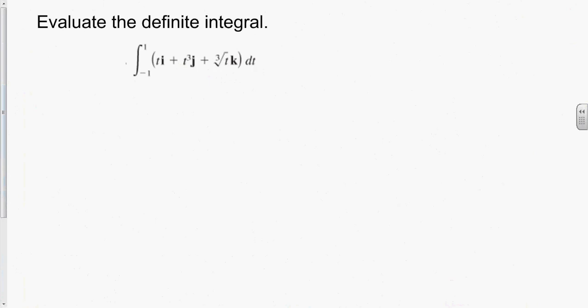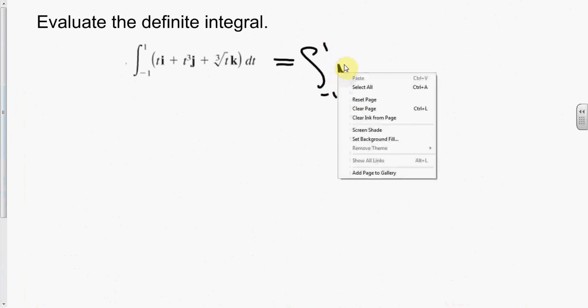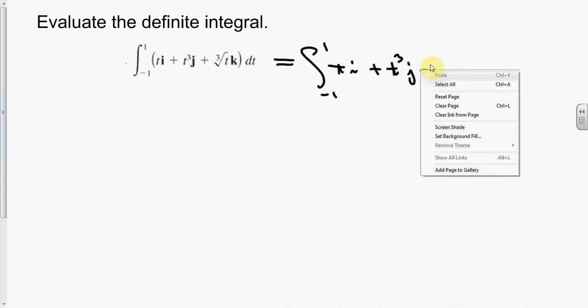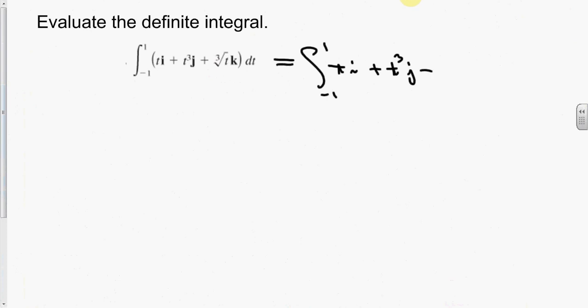Now here, this is a definite integral. So let's see. So first we're going to simplify that third term. So this is the integral from -1 to 1 of t i plus t cubed j plus t to the 1/3 k dt.